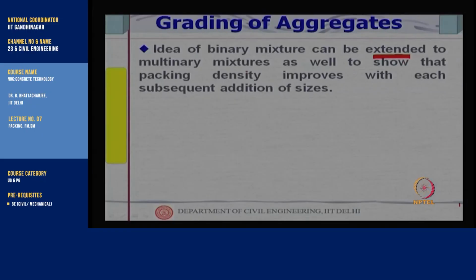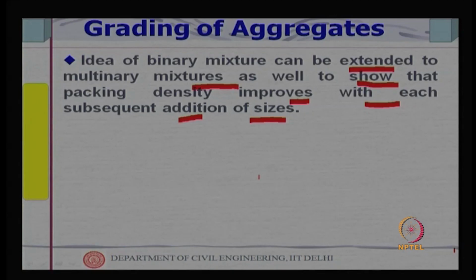Now, I can extend this idea of binary mixtures to ternary, quaternary and so on. So, the idea can be extended to multinary mixtures as well, to show that packing density improves with each subsequent addition of sizes. So, you add two sizes, you add the third size with appropriate size ratio, packing density will improve.